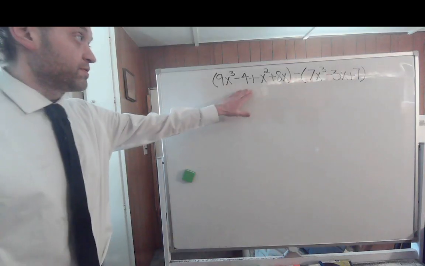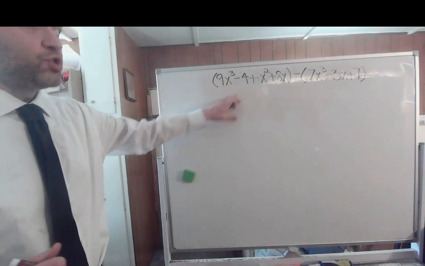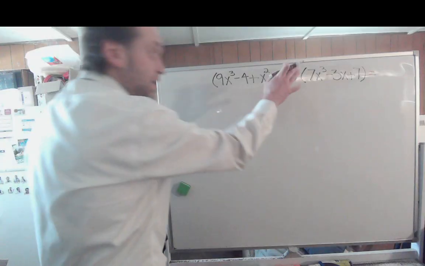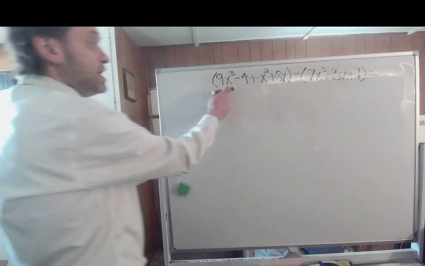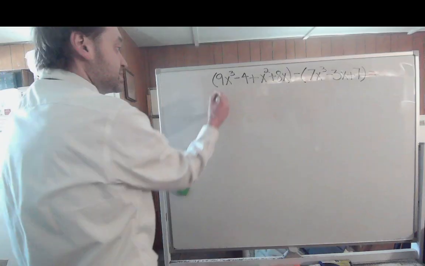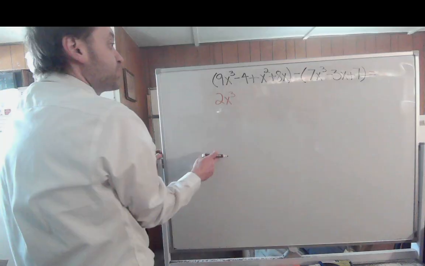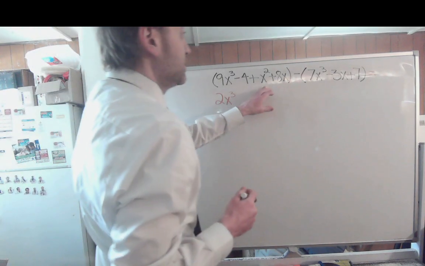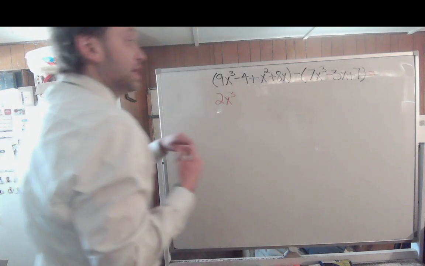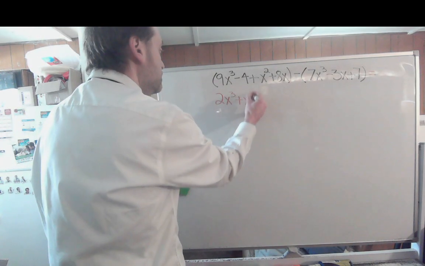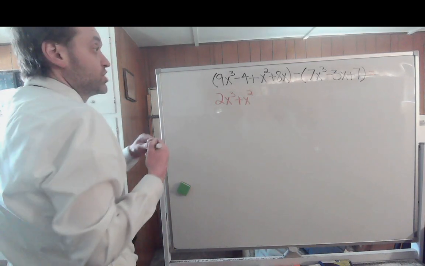You notice with your first quantity, they're trying to confuse you again. They have the terms out of order. So again, start with your highest power, which would be the x to the third. So 9x to the third minus 7x to the third, that will end up being 2x to the third. Then look at your x squareds next. So you'd have x squared, well that's the only second power term, so you just have plus x squared. Then look at your x to the first.